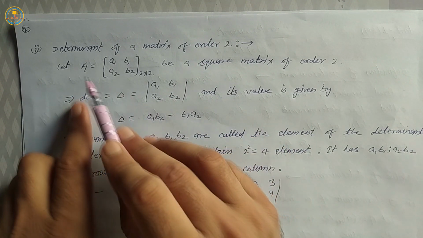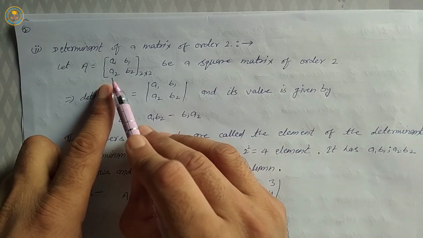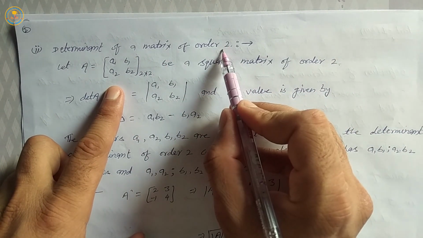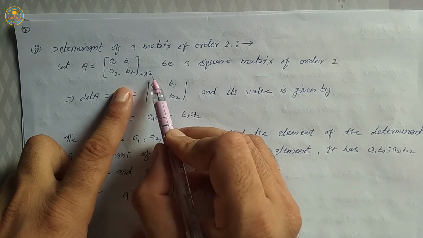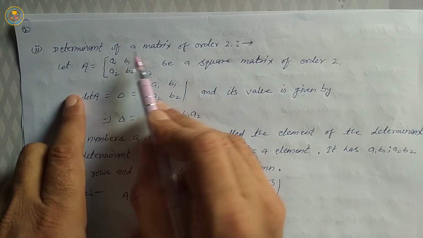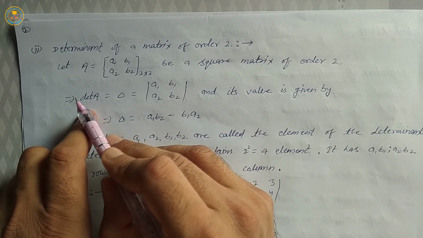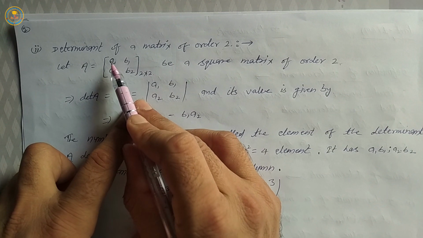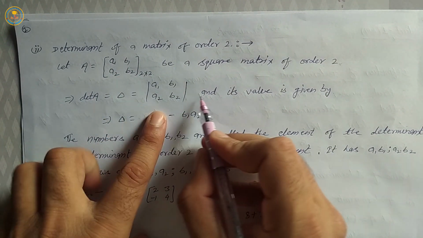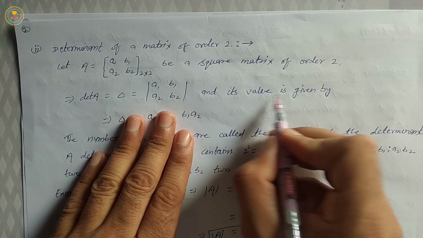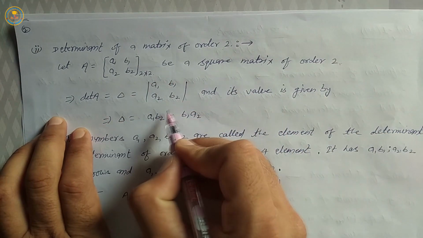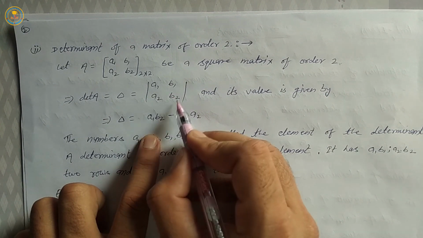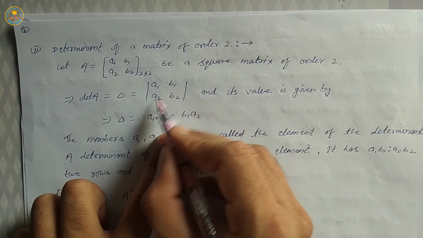Again, let A equal a1, b1, a2, b2 be a square matrix of order 2, meaning 2 by 2, rows equal columns. Det of A, the determinant of A, is delta, equal to the determinant of a1, b1, a2, b2, and its value is given by delta equals a1 b2 minus b1 a2.